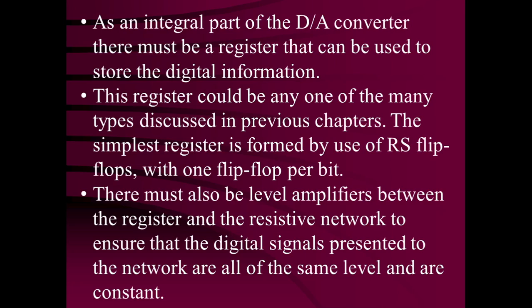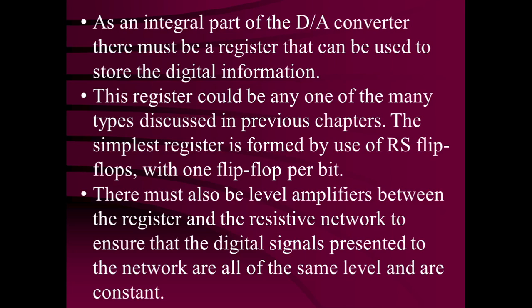If you have 8-bit digital information, then 8 flip-flops are required. So here we are going to discuss the 4-bit digital to analog converter, and corresponding to that, for each bit there will be one flip-flop, that means 4 flip-flops.